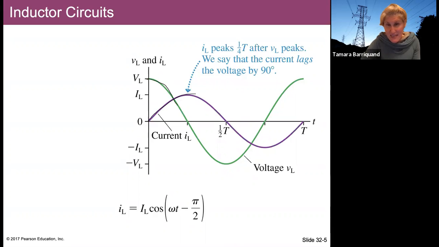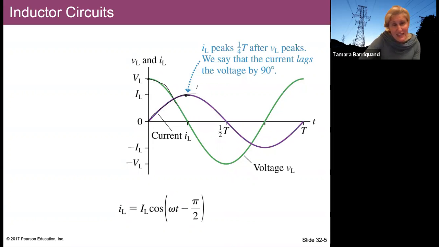And what we see is that when I sub L right here is 0, V sub L is at a peak, and right here, when the instantaneous current is peaking, at that moment we see that the instantaneous voltage is in fact at 0.